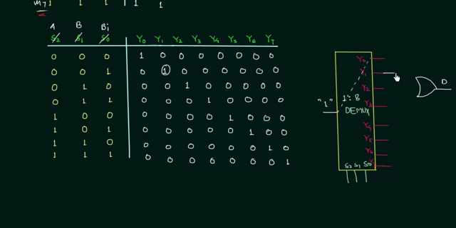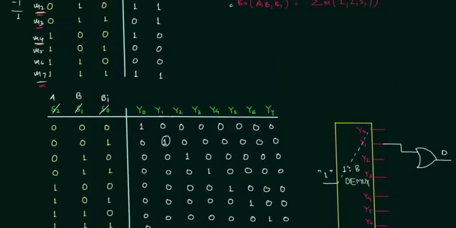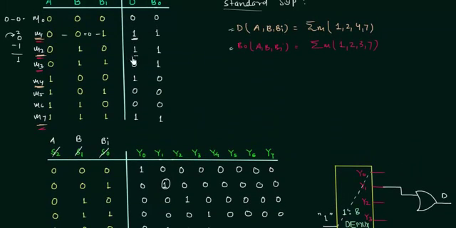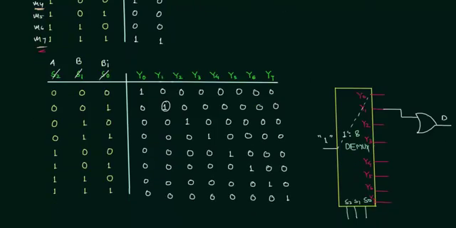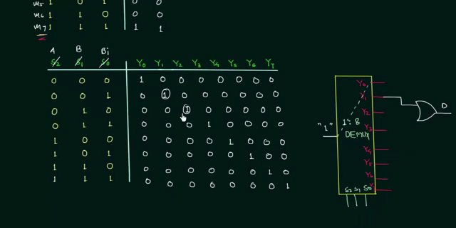So I will feed Y1 to this OR gate. And when A is 0, B is 1, and BI is 0, in that case also you can see difference is high. So we are going to require Y2 as well for difference. So I will feed Y2 to this OR gate.